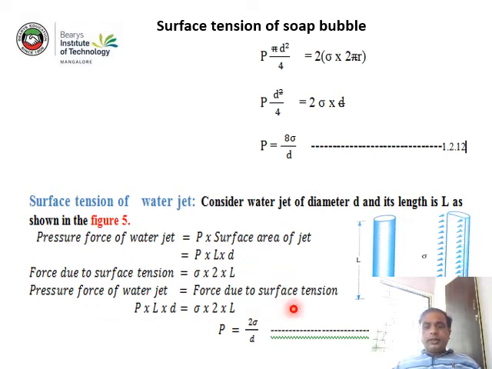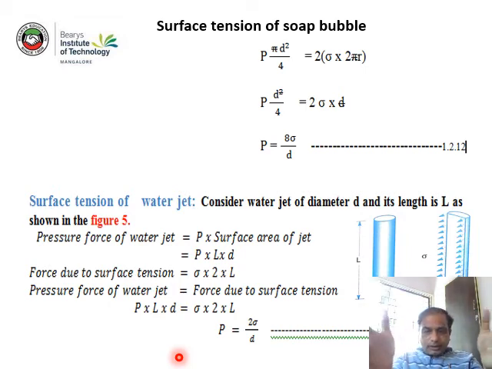Similarly, I calculate the total surface tension. So total surface tension is equal to sigma into 2 times the L. You may ask why 2 times the L, why not consider this D? For example, if you take a pipe, a water jet example I am giving you, if you press the outlet of the pipe in the vertical direction, water will expand only in the horizontal direction.